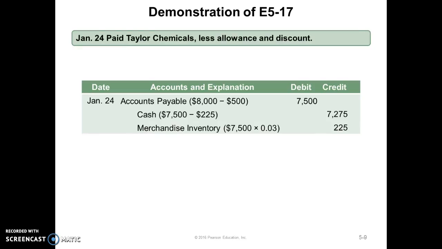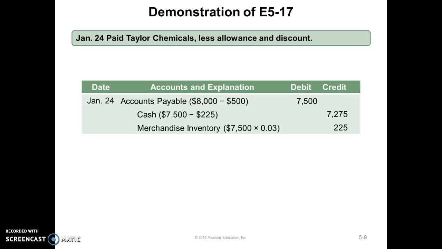January 24th, we paid Taylor Chemicals, and guess what? We paid within the 10 days, so we got our 3% discount. So we know accounts payable is going to be $8,000 minus $500. $500 was the allowance, so $7,500. Our merchandise inventory is going to decrease by $225 because we didn't have to pay that $225.